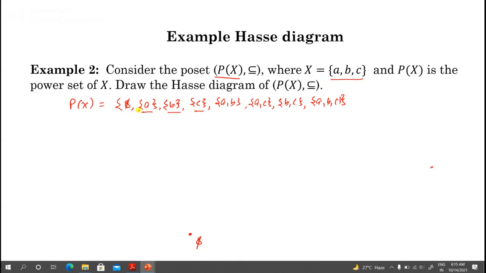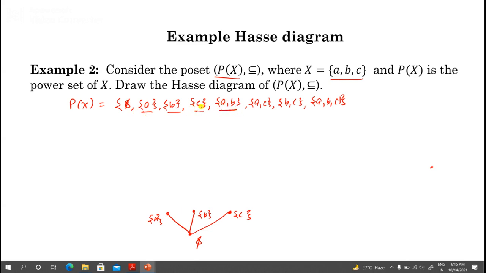You can write phi is a subset of a, b and c because these are the immediate successors of phi, so you can denote it this way: this is a, this is b and this is c. So these are the covers. This set a is a cover of phi, b is a cover of phi, and c is also a cover of phi.